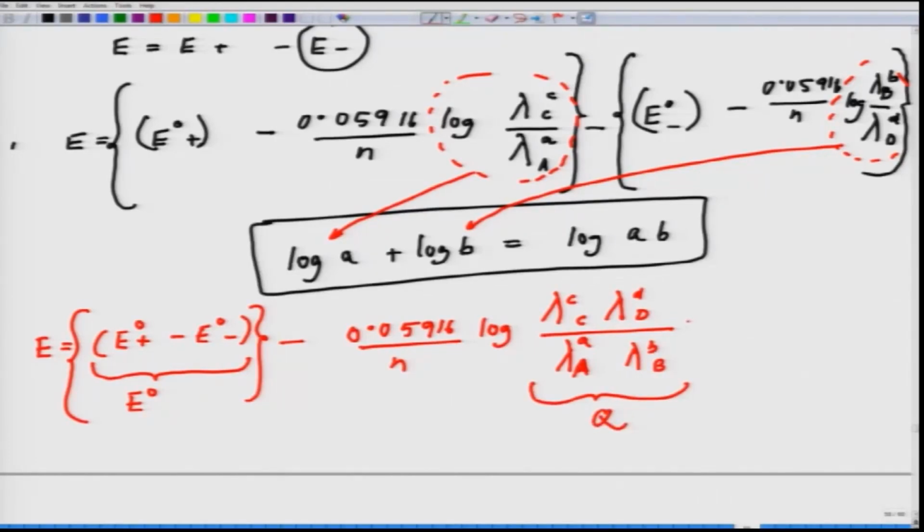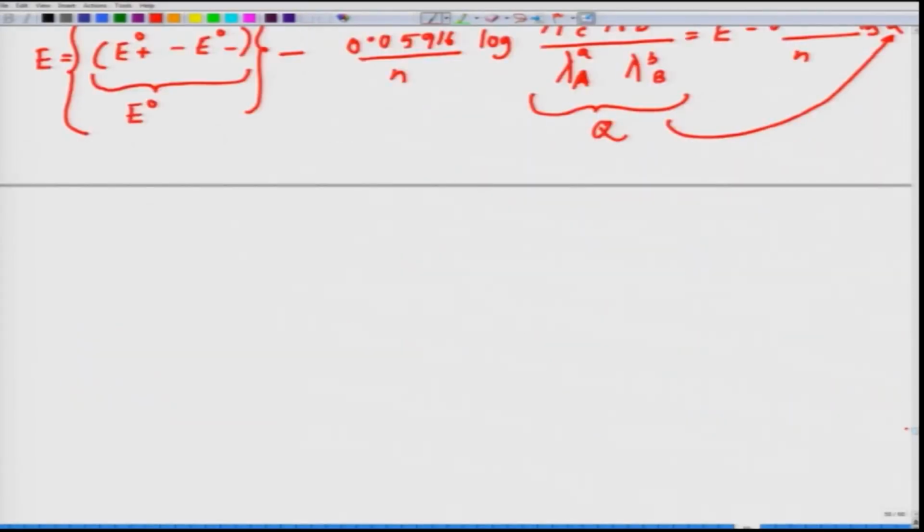So, now if you write this term, this becomes your E0, which is standard potential, okay, minus 0.05916 divided by N log Q. Log Q. Okay. Now, simplifying the equation.